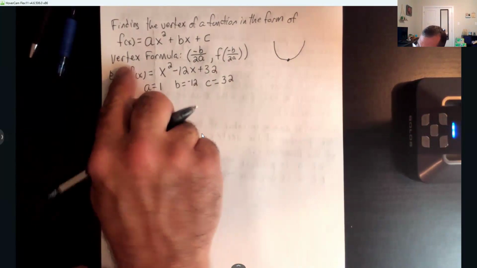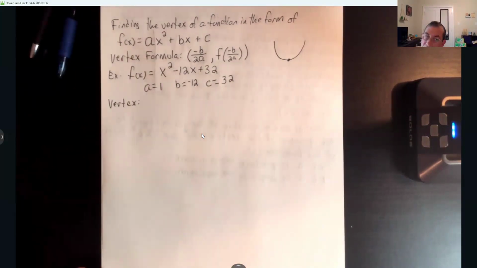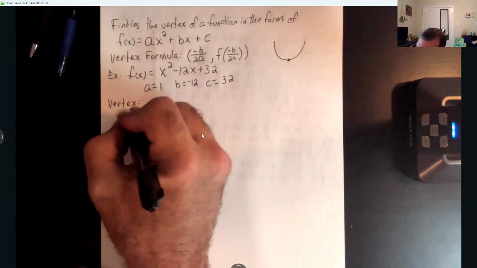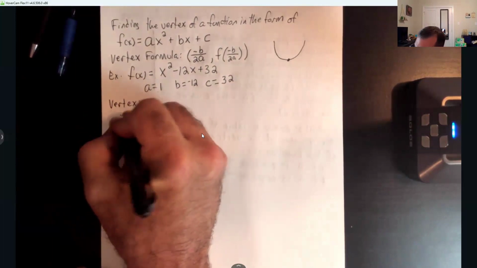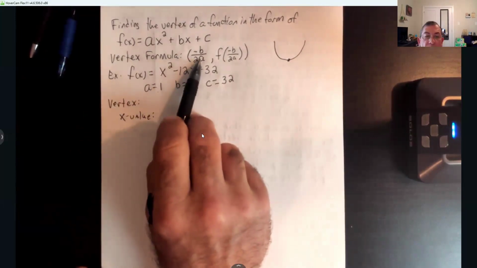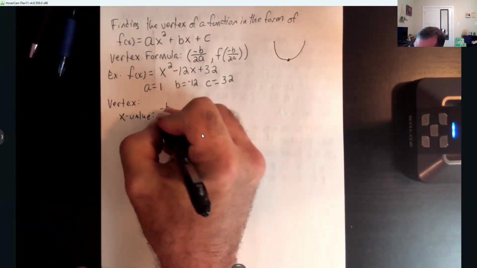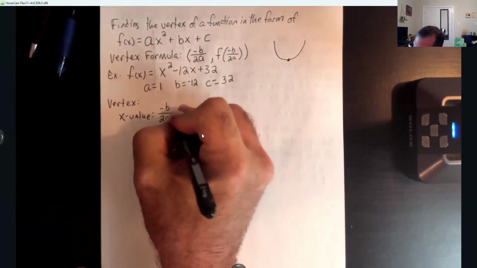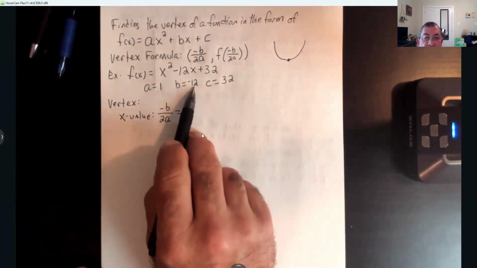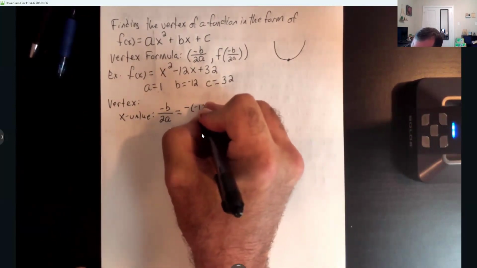So now I'm going to get my vertex. Okay, so my vertex, I'll have my x and y coordinate. I'm going to get the x value first. To get the x value, I got to find negative b over 2a. So we bring that negative over. I'll now put in for b, which is the negative 12. I'm going to put that in parentheses.